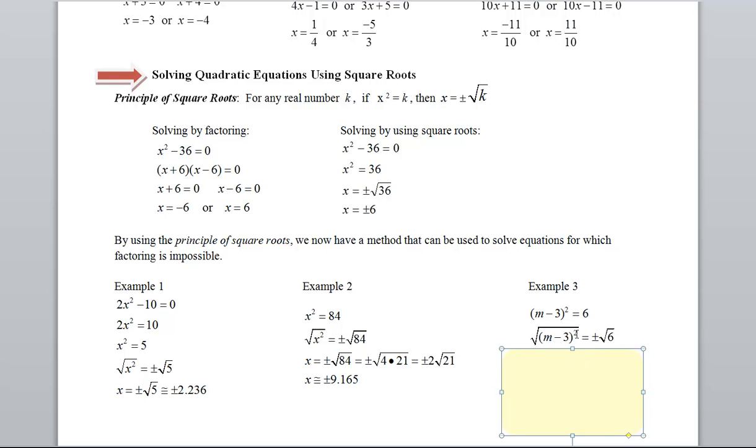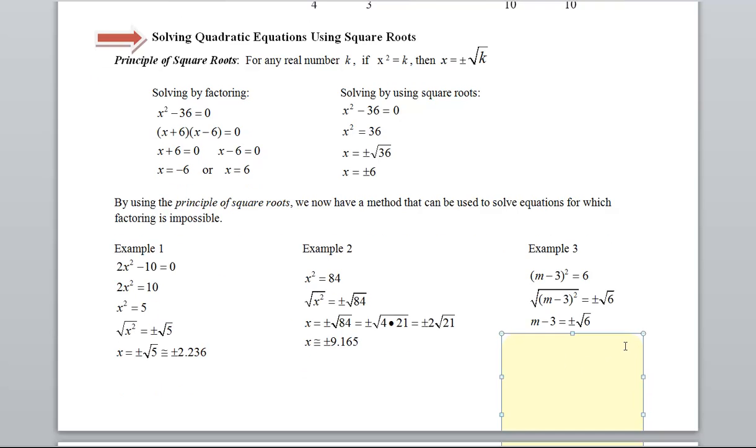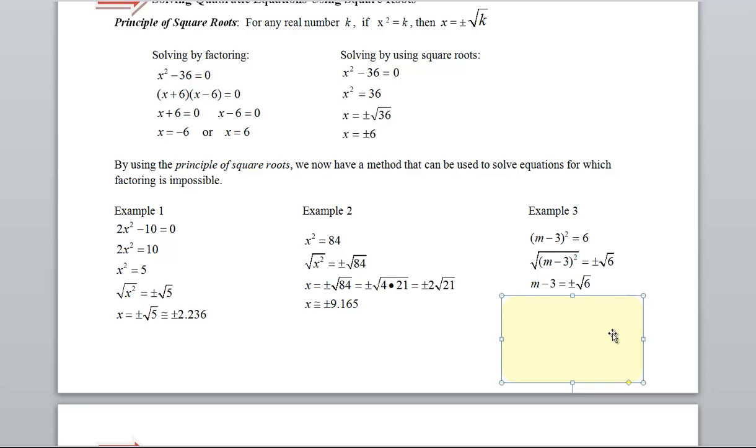The square root negates the square, so I end up with m minus 3 equals plus or minus the square root of 6. I need to solve for m, so I added 3. So this is the exact answer.